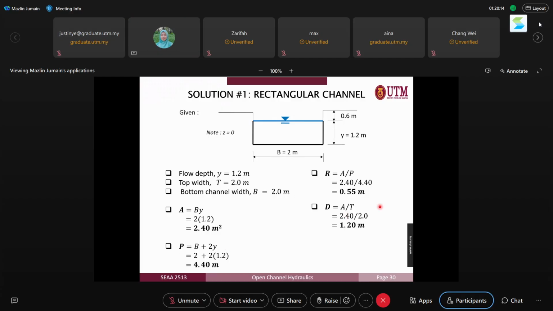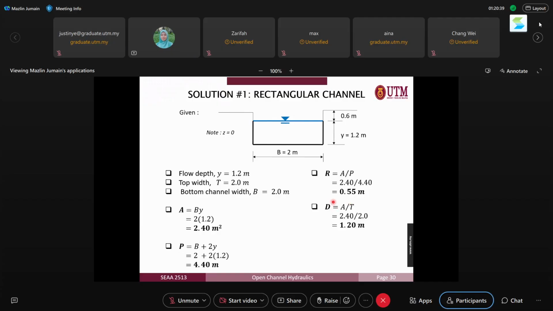Then you can proceed to calculate R, the hydraulic radius, which is the ratio between flow area and the wetted perimeter. A has been calculated here, so 2.4 divided by 4.4, the wetted perimeter, then you will get 0.55 meter.